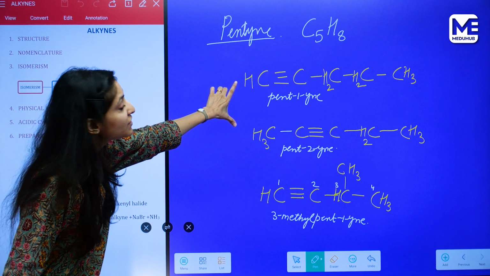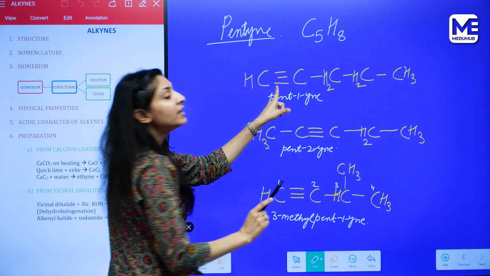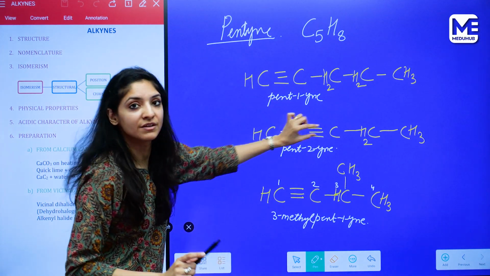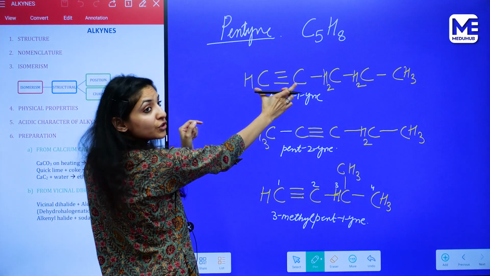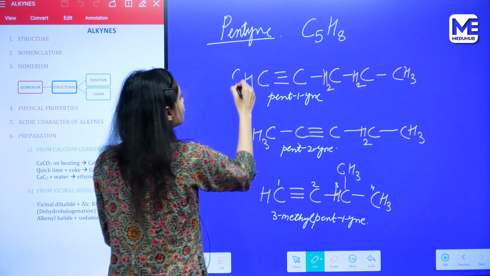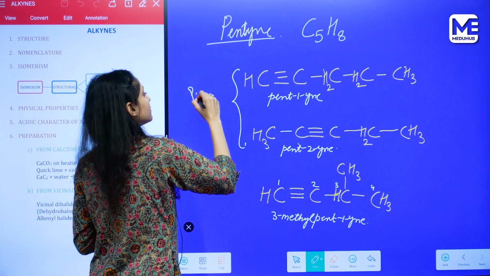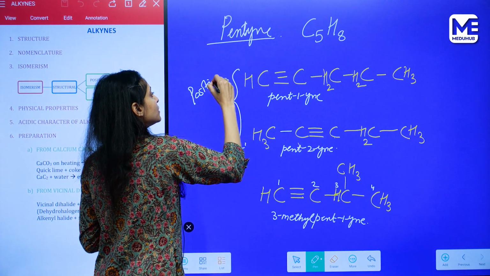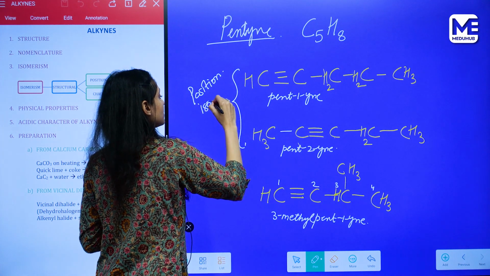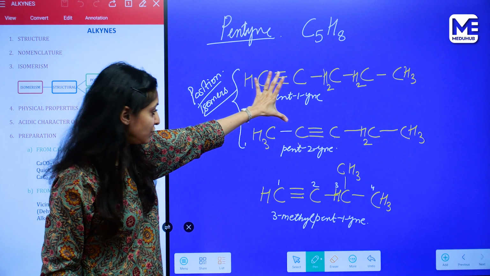Now, if you look at these two here, both are straight chain alkynes. Only the position of the triple bond is different. Here, the triple bond is between the first two carbons. Here, the triple bond is between the second and the third carbon. So, these two are showing us position isomerism. These two are position isomers.